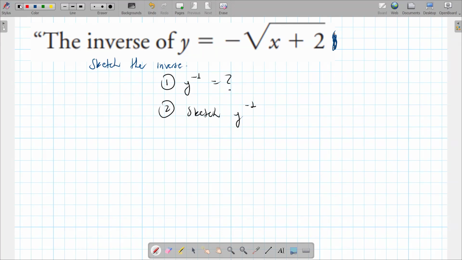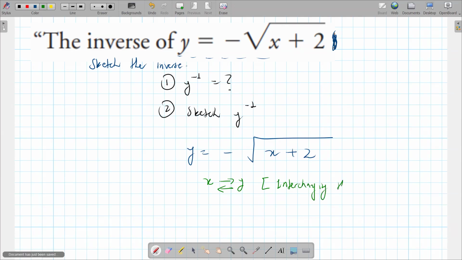So how do you find the inverse from an equation? We're given this equation, y equals negative root of x plus 2. To find the inverse algebraically, step number 1 is you swap x and y. X becomes y, y becomes x. This is called interchanging the variables.